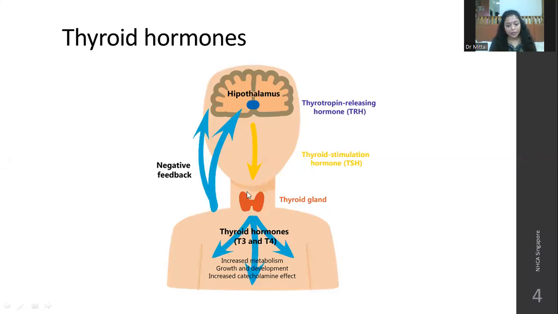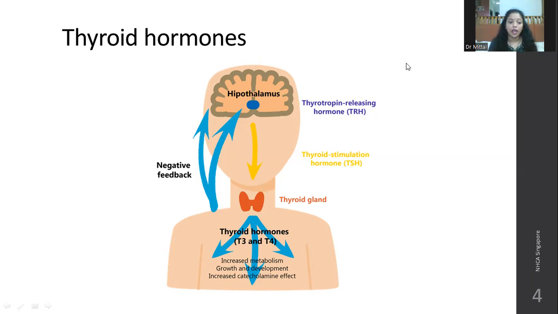But when people suffer from hyperthyroidism, this negative feedback is affected in a way that T3 and T4 are not able to give the negative feedback to the hypothalamus, because of which the hypothalamus is secreting more TRH. Again, TRH will induce your anterior pituitary to secrete more TSH, and more TSH will tell your thyroid gland to secrete more T3 and T4 hormones.